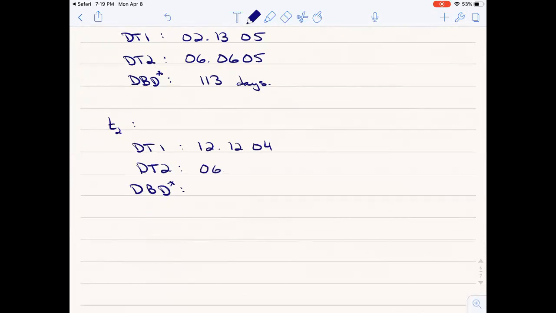And date 2 is 06/06/05 still. So you can just stay in the days between dates menu and scroll up and change the date 1 to 12/12/04, enter, and then scroll down to the days between dates and compute. And you should get 176 days.